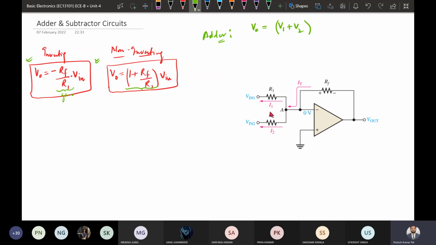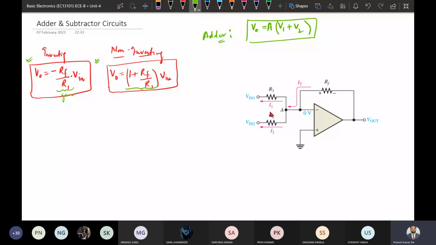There may be some gain, or there may be no gain; if the gain is 1, this type of structure will be there. So the output should be the summation of both inputs, or whatever number of inputs we apply to the input terminal. That will be your addition or adder. This is the concept we need to implement.